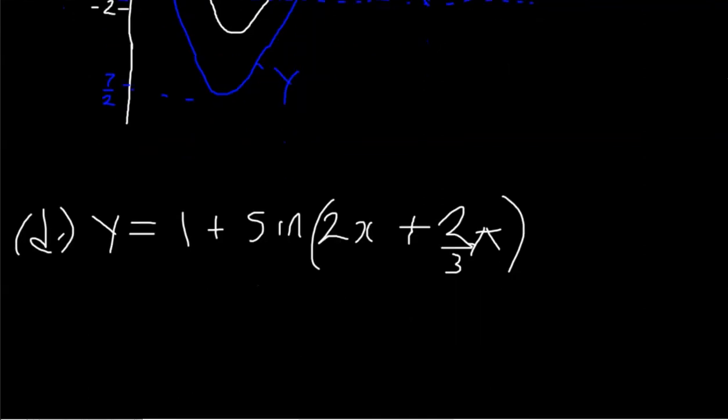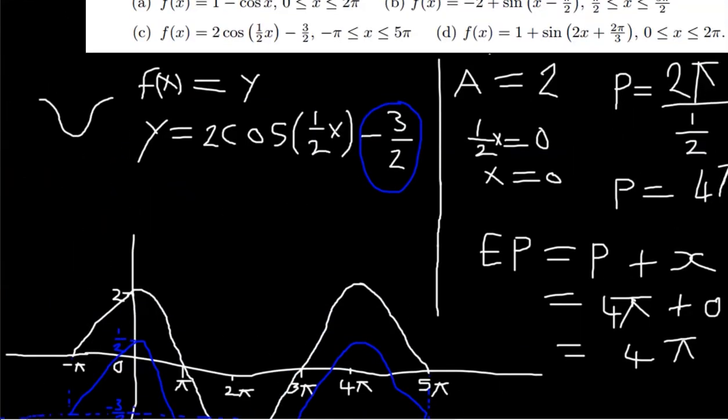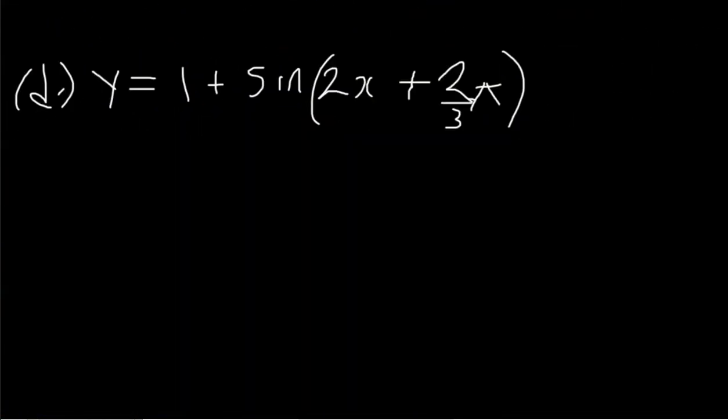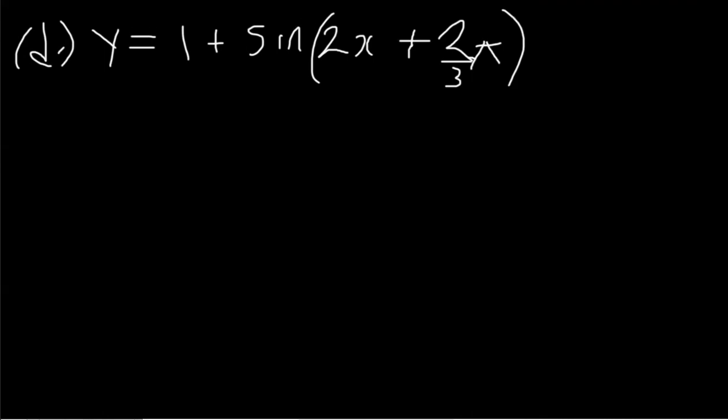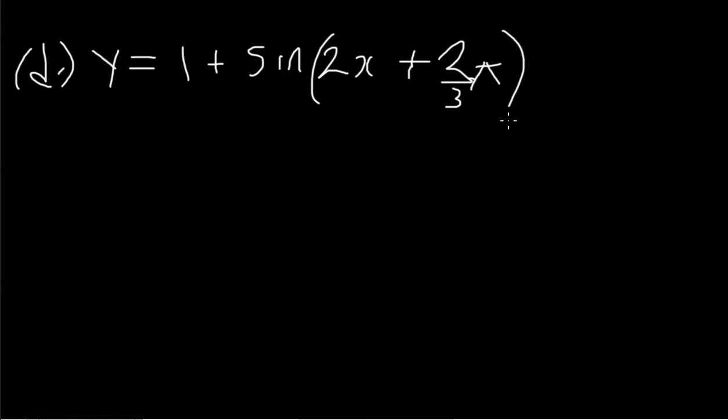In the same way we did this one, we're going to first start by looking at the amplitude and everything. My amplitude here, you just get the coefficient of a trig ratio there. So the amplitude is equal to 1 in that case.